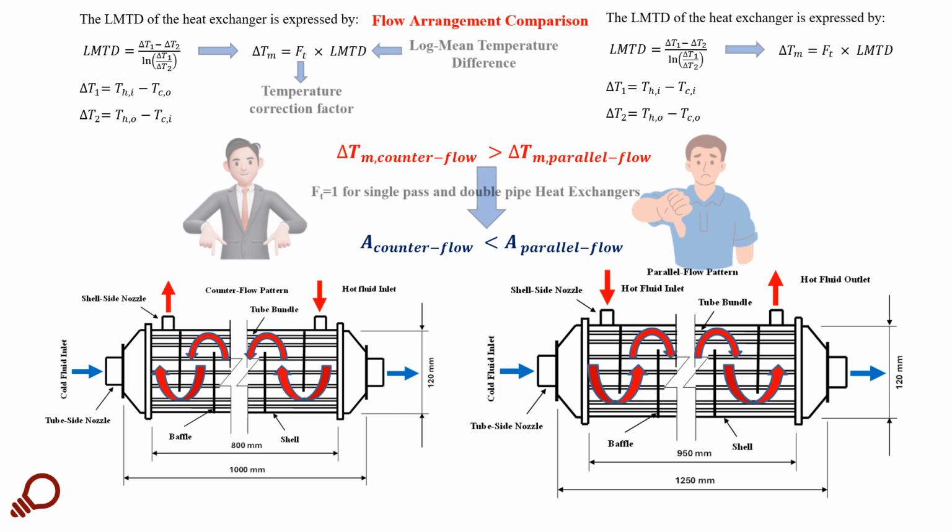And for the same conditions, if we choose the parallel flow, then the effective length of the heat exchanger will be 950 millimeter. And that means a bigger surface area, then the cost will be higher, and at the same time, the maintenance and other parameters during the operation of the heat exchanger will be higher than that required for the counterflow arrangement.